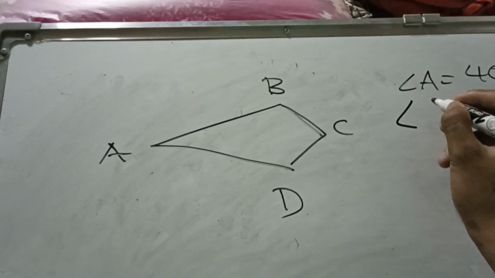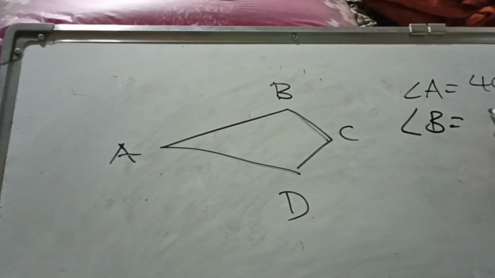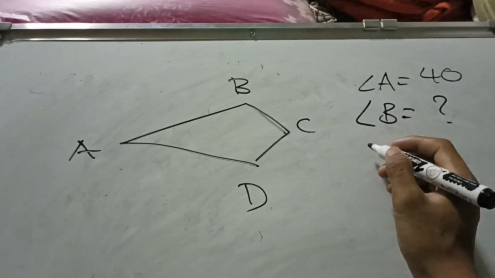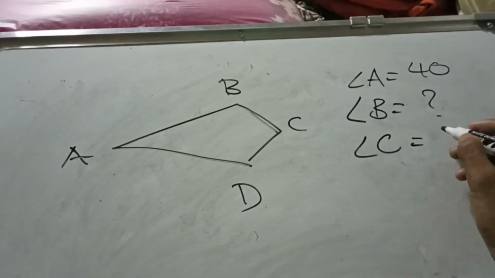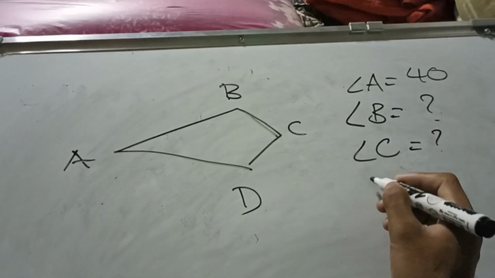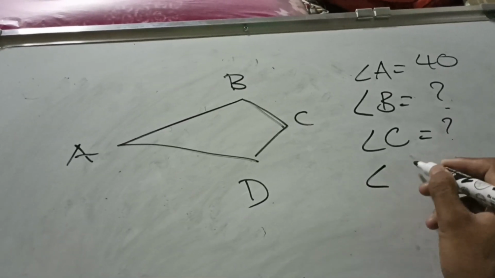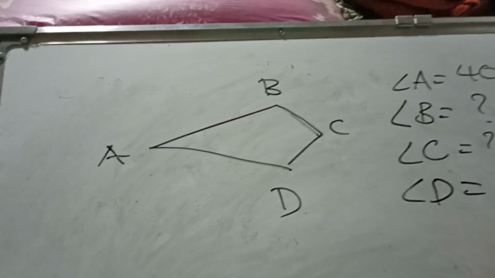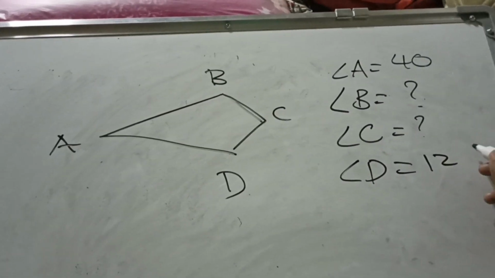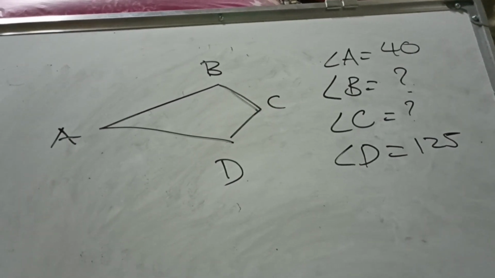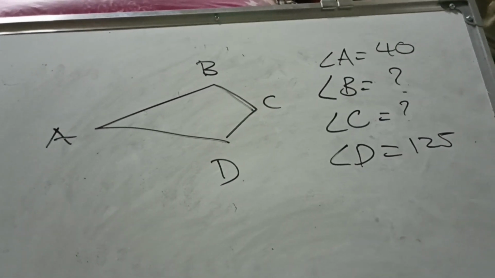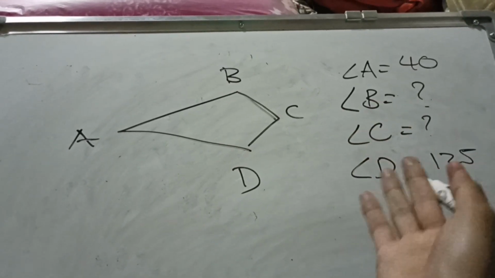Angle B is equal to, we'll find that. Angle C is equal to, you'll find that as well. And angle D is equal to 125. Now in this problem, we will be finding angle B and C.